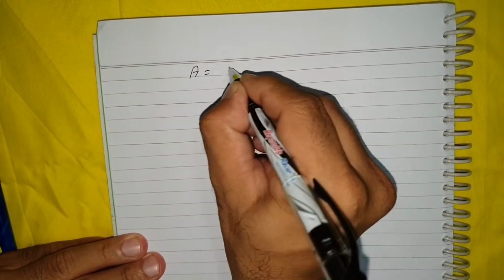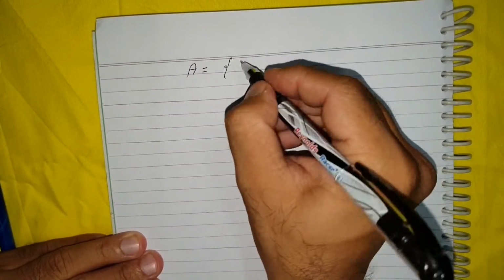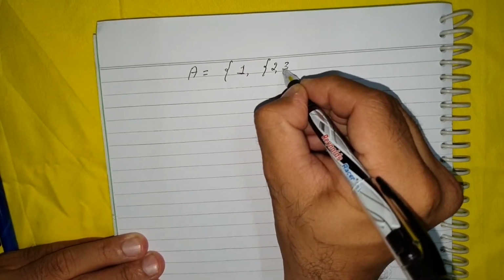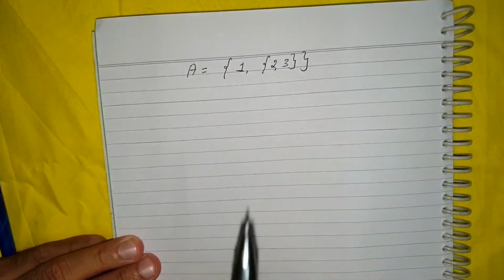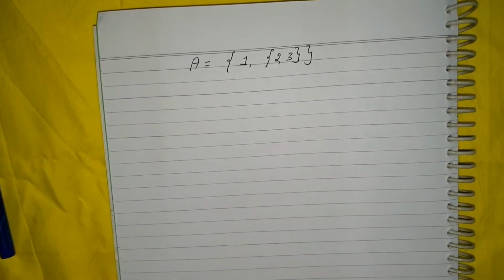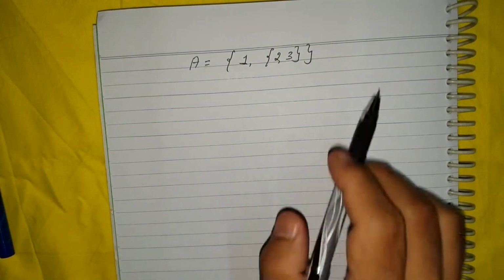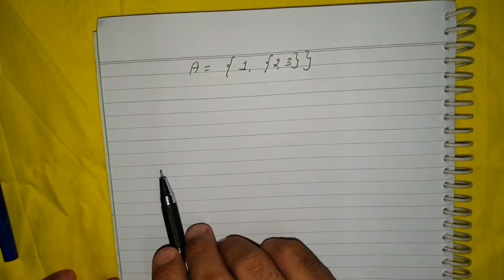Take another example. Set A. Now this is a bit different. {1, {2, 3}}. So as you can see, this is a set which contains actually 2 elements, namely 1 and {2, 3}.